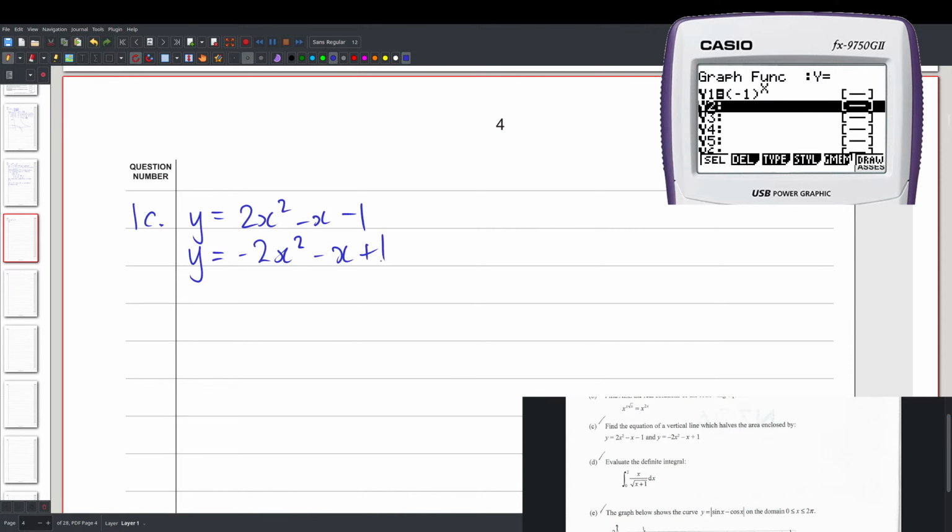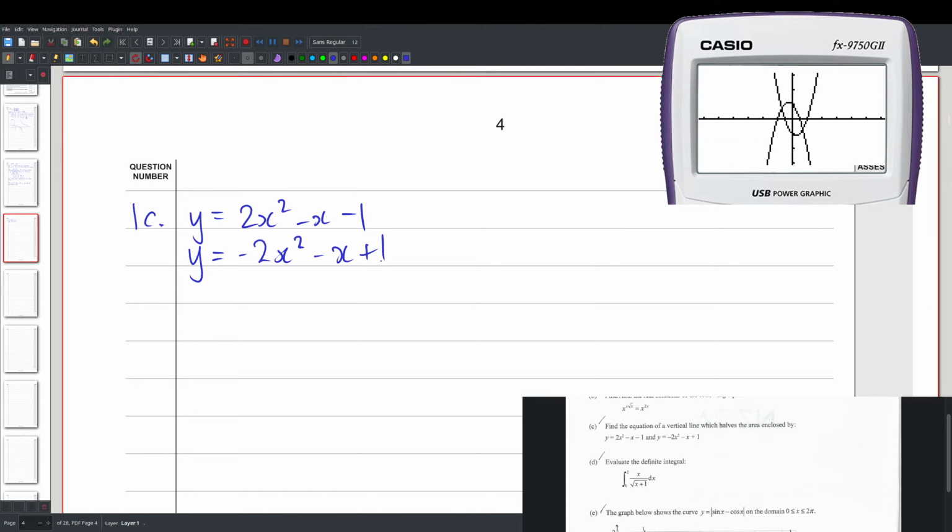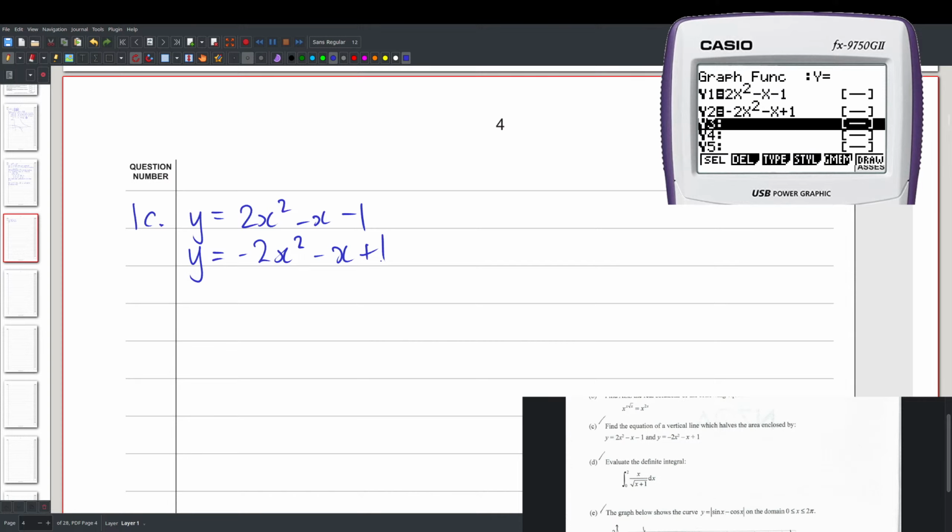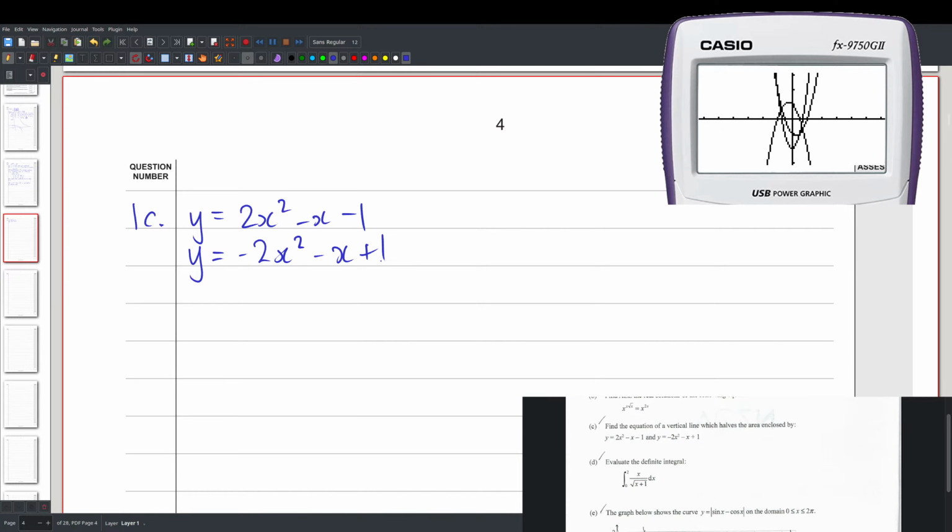Alright, so just draw it on the calculator, right? 2x squared minus x minus 1, minus negative 2x squared minus x plus 1. Alright, it draws. So this is the area that's halved in between them. So you go y1 minus y2, that gives you the difference.